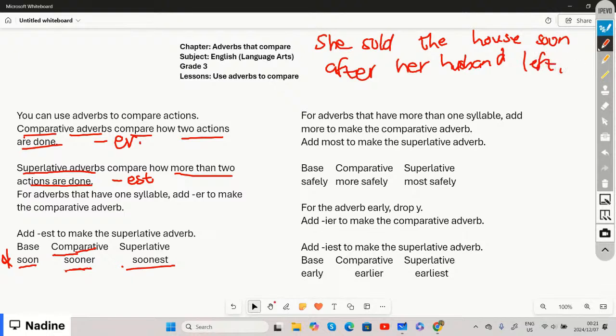So, for example, if we look at this sentence, she sold the house soon after her husband passed, then it means that soon is our adverb. Soon is our adverb that is basically just our base adverb, because we are not comparing at all. Once you start comparing your adverbs, your actions, it changes.